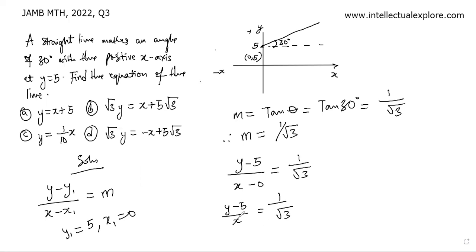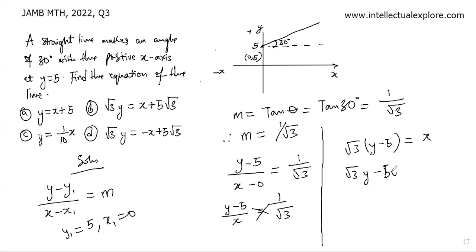So you cross multiply, and cross multiply, that will be root 3 into y minus 5 equals what? x. So you expand this, that will be root 3 times y minus 5 root 3 equals x.